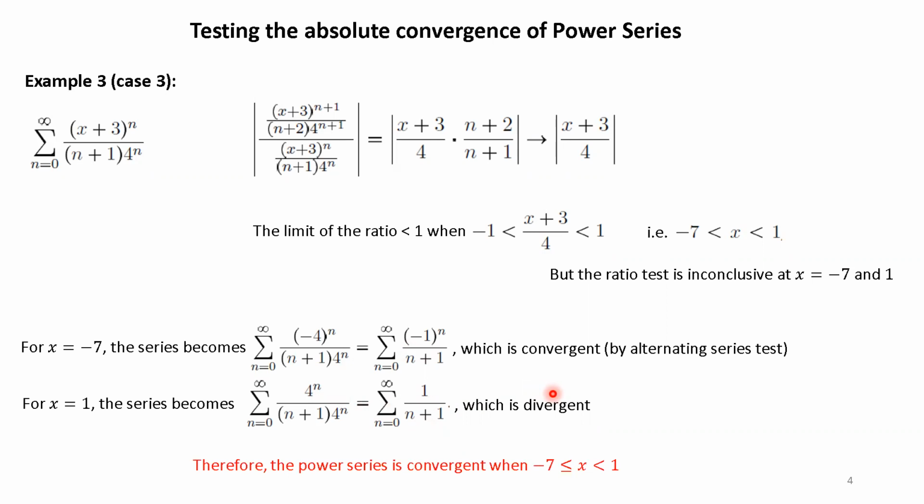To summarize all 3 tests, I will say that the series is convergent when x is smaller than 1 and also greater than or equal to -7. This equal sign is given by this extra test over here.